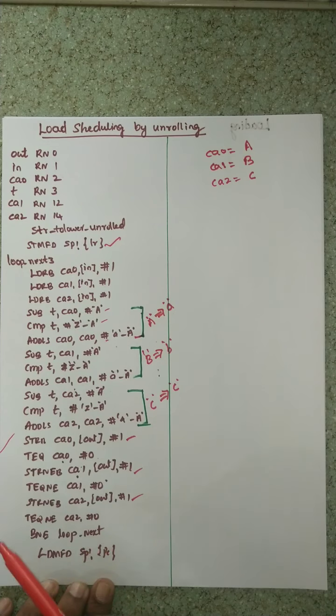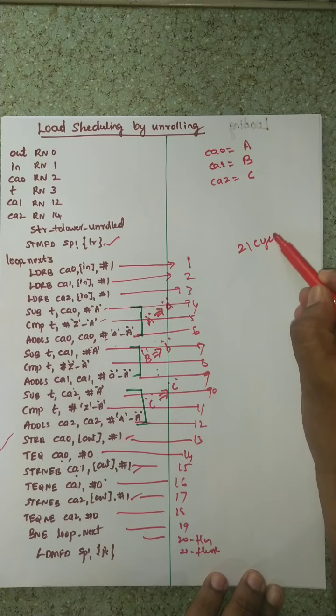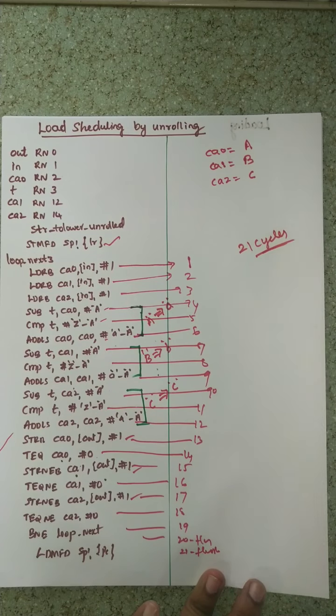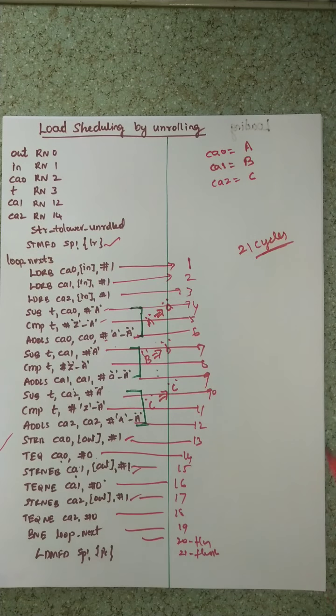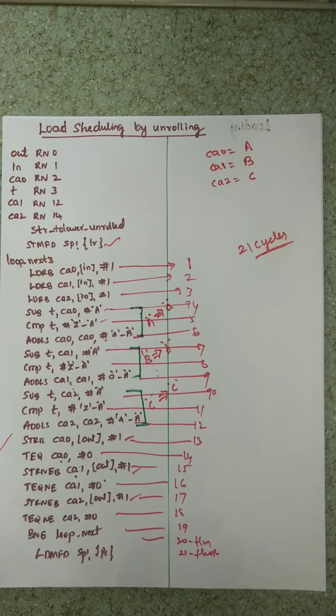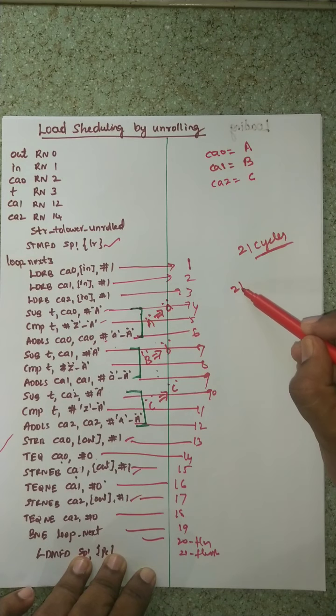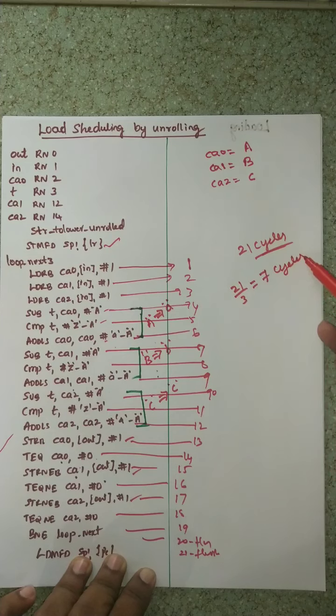So in total it takes 21 cycles, and in these 21 machine cycles we have converted three characters, A, B, C. Taking each character, how many cycles does it take? 21 divided by 3 equals 7 cycles.